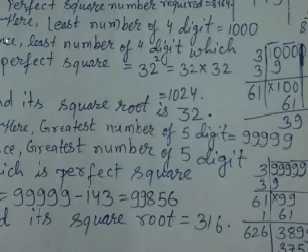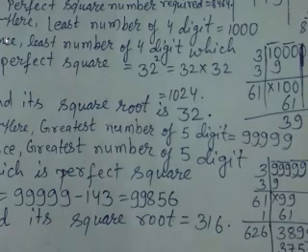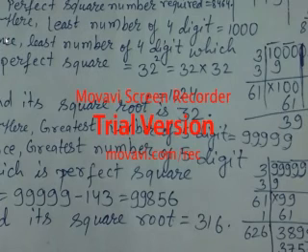At first you will take the least number of 4 digits, then you will find its square root. Suppose you got 99, then you will do a square of 100, and then whatever the outcome, that much number should be subtracted.